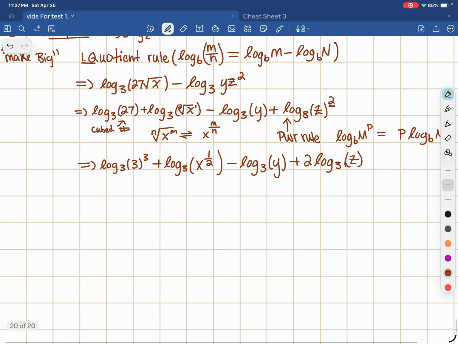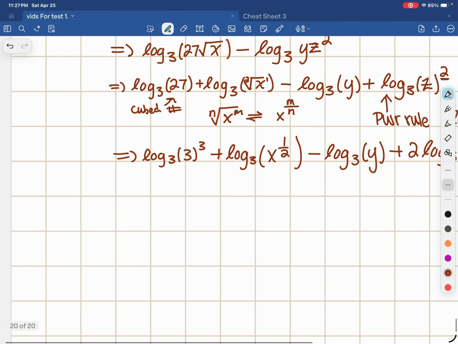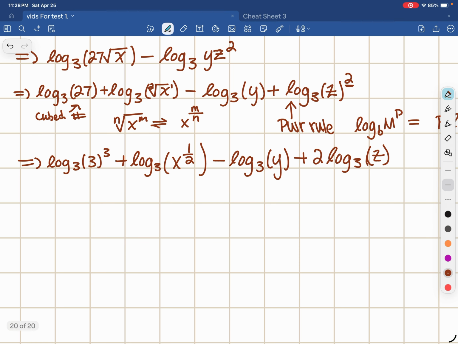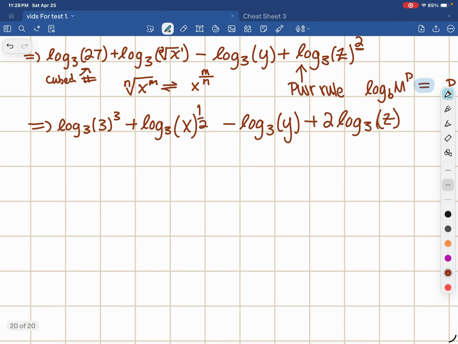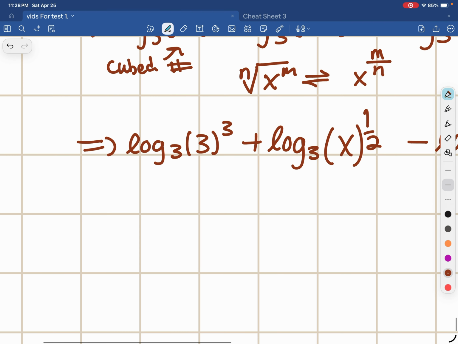So now looking at our next part, we can see what we can work with. So this actually should be written like this. Excuse me, my apologies. 1/2. What else do we see? So right away, log base b of b is the same as our exponent, so we should be left with our exponent.